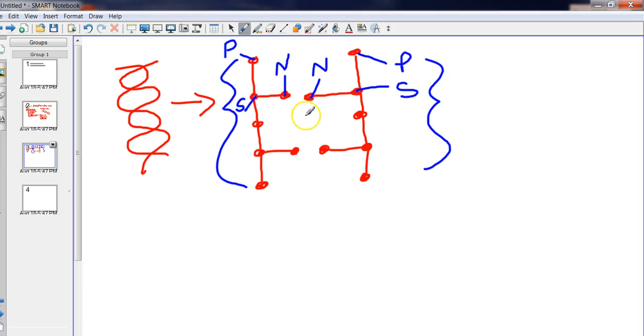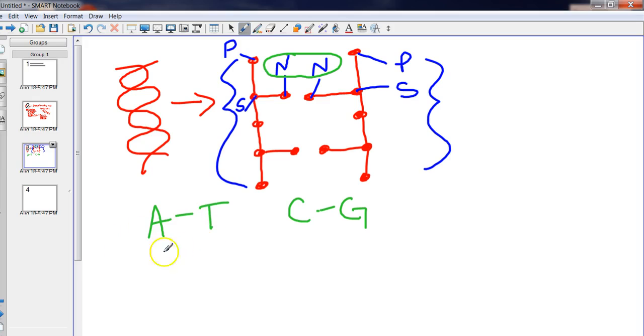Now, if you remember, the nitrogen bases could be one of four nitrogen bases. The nitrogen bases are actually bonded together, where adenine always pairs with thymine and cytosine always pairs with guanine. So whenever there's an adenine, there's going to be a thymine next to it.